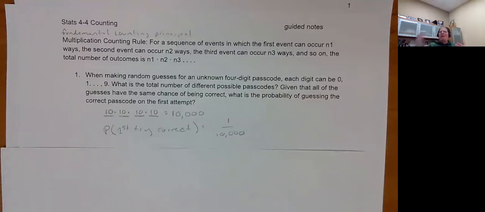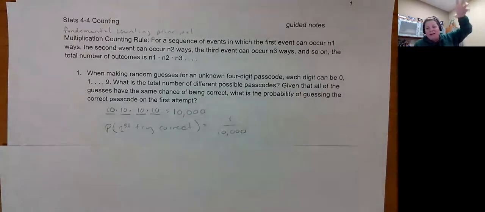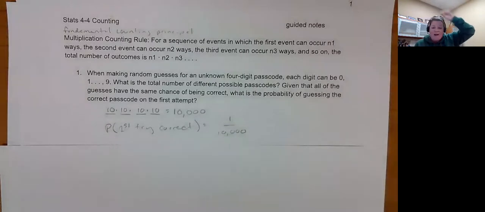So I can do it with outfits. They don't have to be the same on each one. Another example: maybe you have a letter followed by 2 numbers in a passcode. So for the first letter you would have, why did I just forget how many letters there are? Is it 32?